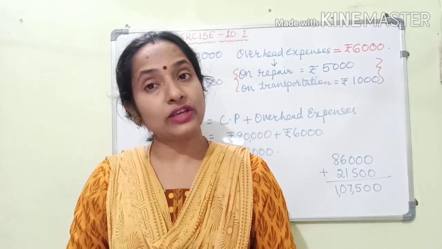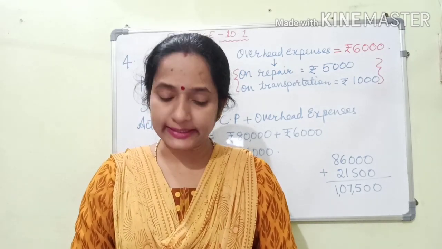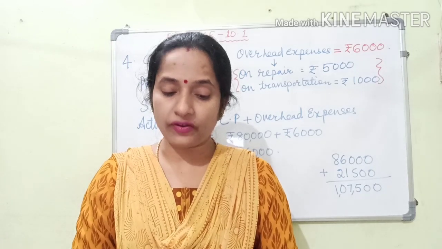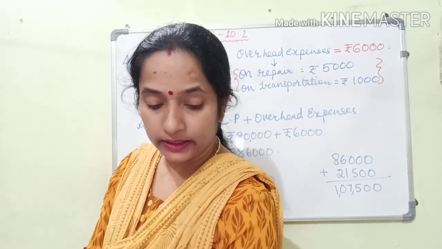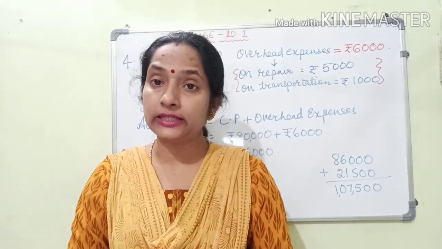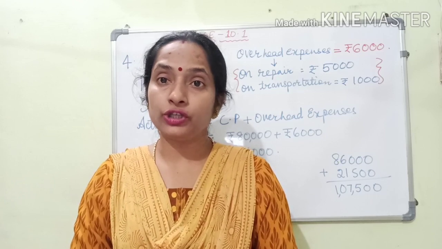Children, when we have a loss, then definitely the cost price is more than the selling price. What we are asked to find is the cost price. We will find the cost price by adding the selling price and loss. So first of all, remember the formula, and using those formulas, you have to solve these sums.